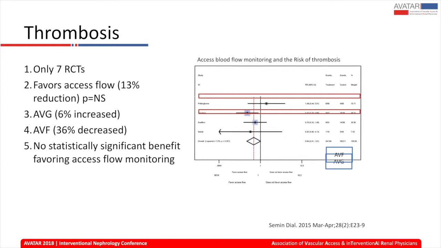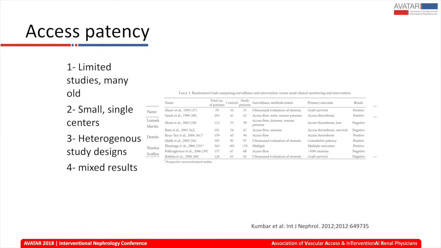This is with the grafts, and that's with the fistulas, right? The problem is, again, I do not want to overstress this, but we have to be cognizant that most of these studies in the meta-analysis were based in the early stages when the angioplasties or how we were treating this thrombosis was quite different.